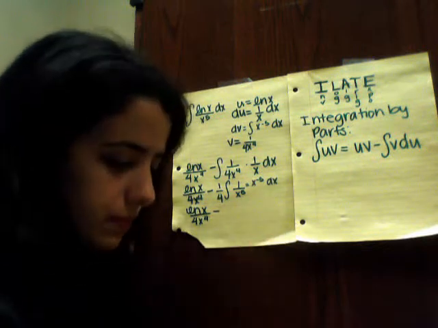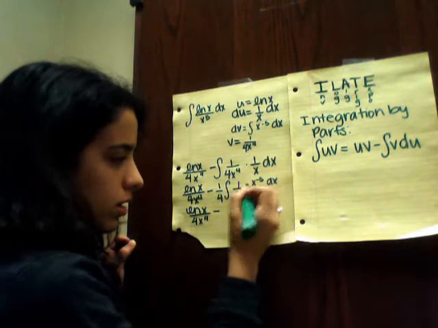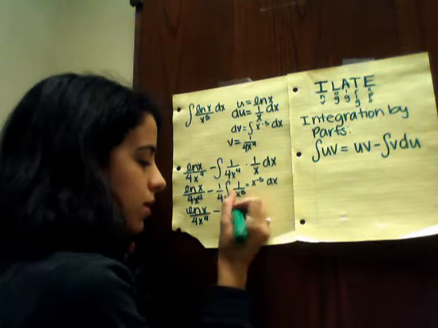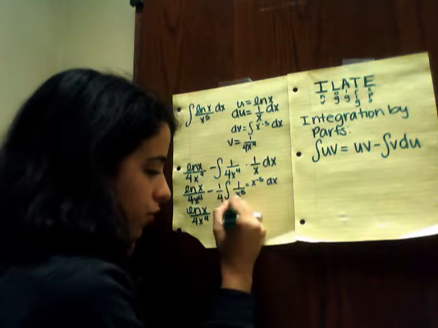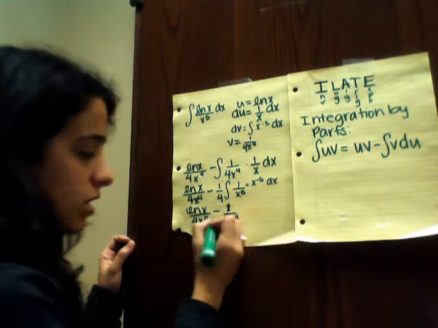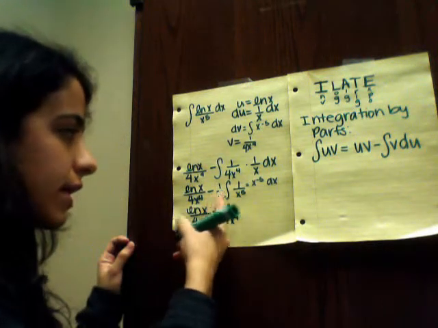So finally, we're going to be left with ln x over 4x to the 4th, minus, minus 1 over 4x to the 4th, but this is also a minus, so we're going to make this a positive because negative times negative.